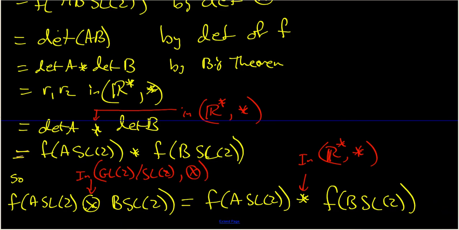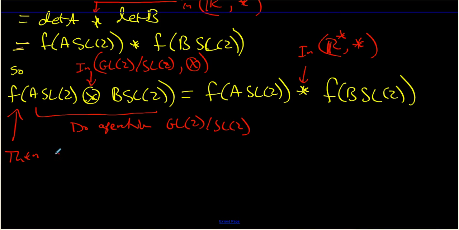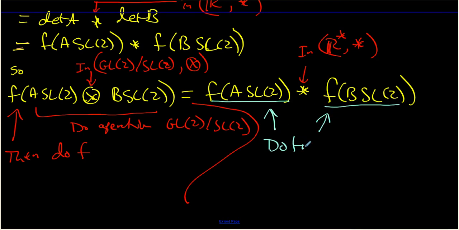And then the final thing that I want to point out in understanding this isomorphism stuff is that on one side, we do the operation in the domain group first, and then do F. But on the other side of this particular equal sign, we do the function first, so that we now have elements in R star.